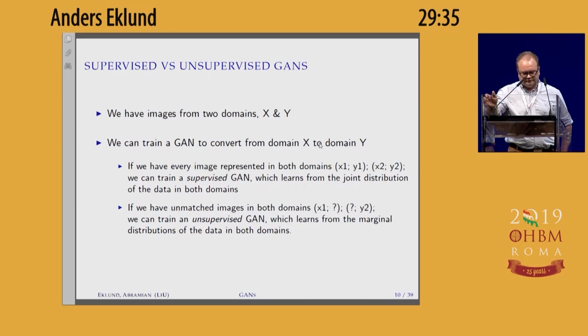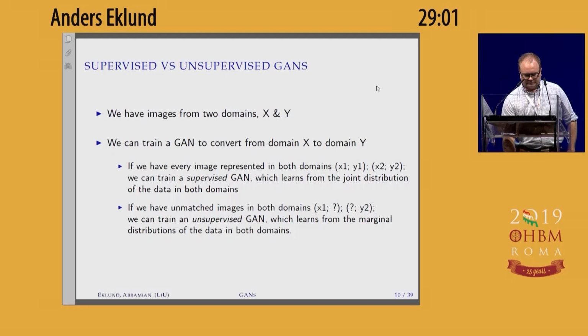If you have paired images, you can train a supervised GAN that can learn from this joint distribution. But it's not always the case that you have paired images. So maybe you only have a number of images from one domain and a number of images from another domain, but they are not really related to each other. Then you can train an unsupervised GAN that also has to learn the joint distribution.